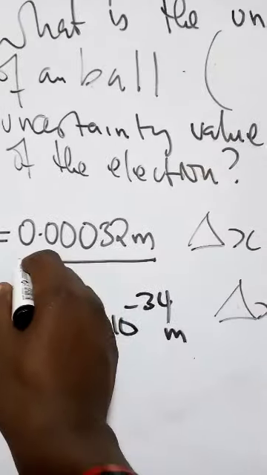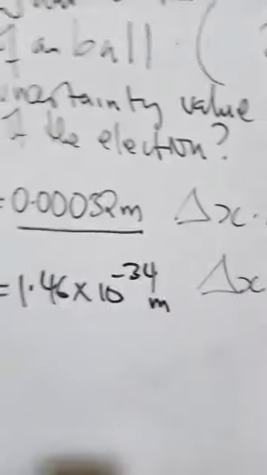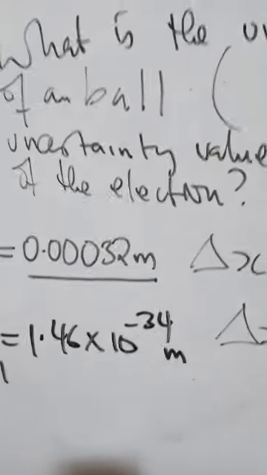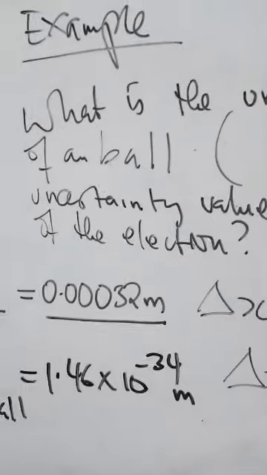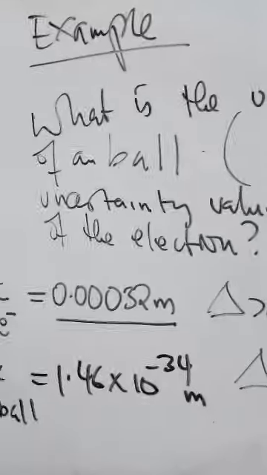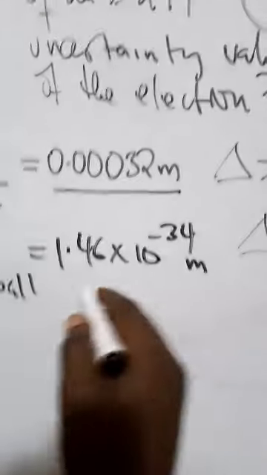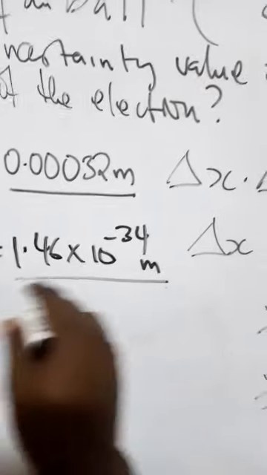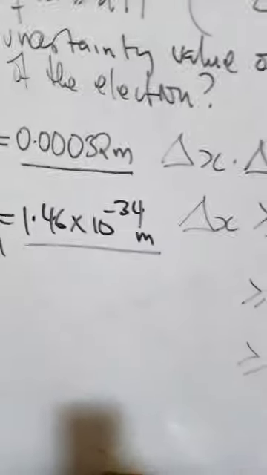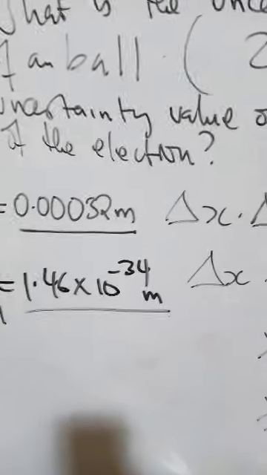So the limitation is quite important for smaller particles, but for larger particles, the limitation is so small that it is practically difficult to measure that length.